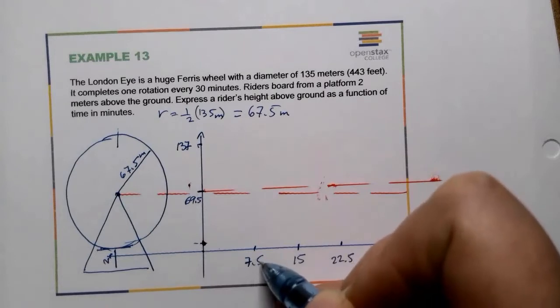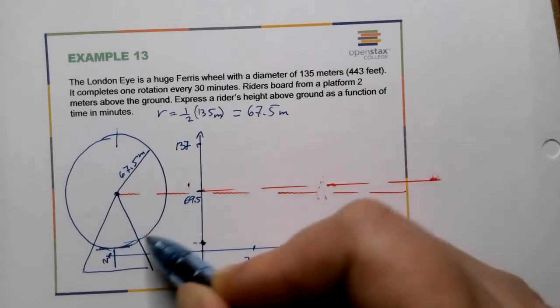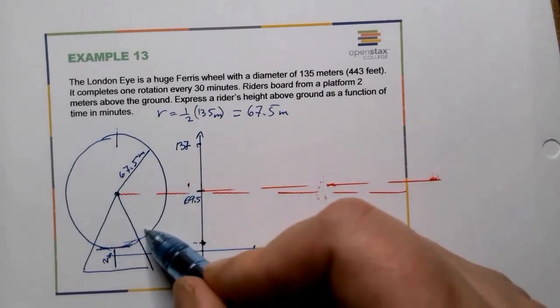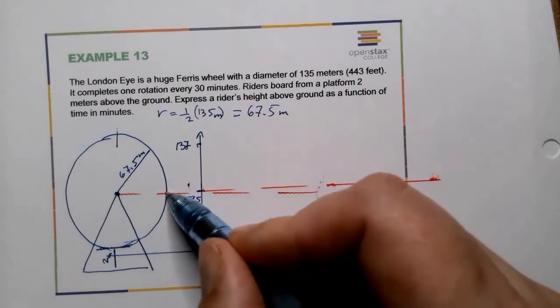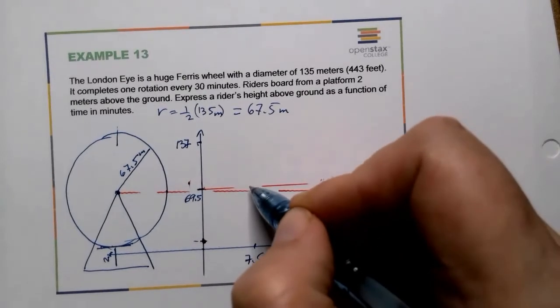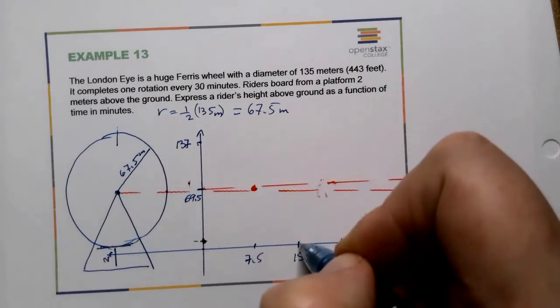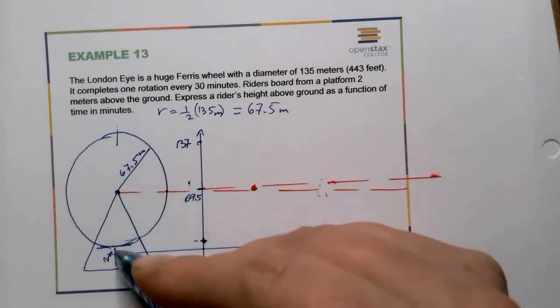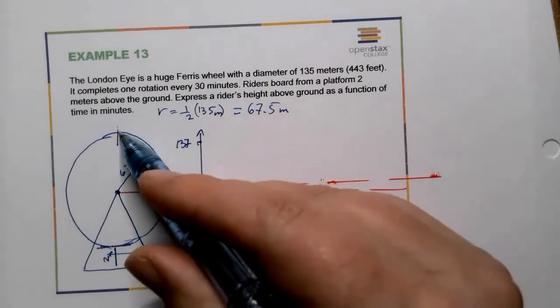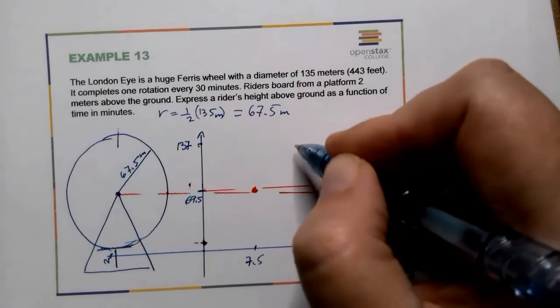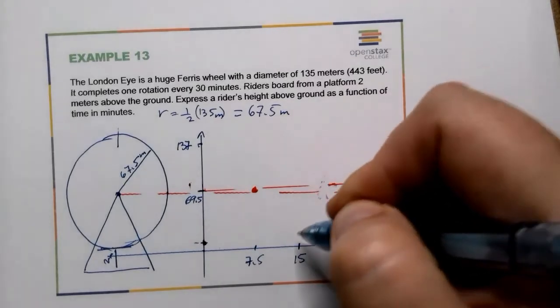Now, 7.5 minutes later, they completed a quarter of a revolution and they came up to the midline right here. And then 7.5 minutes later, from this point, they are on the top.